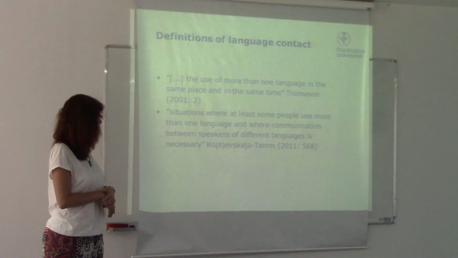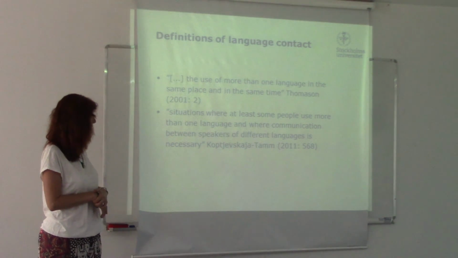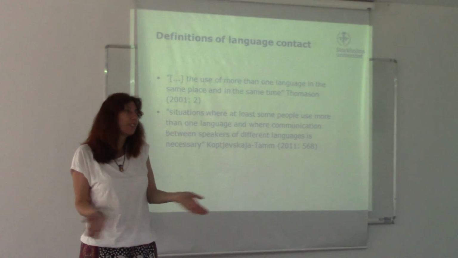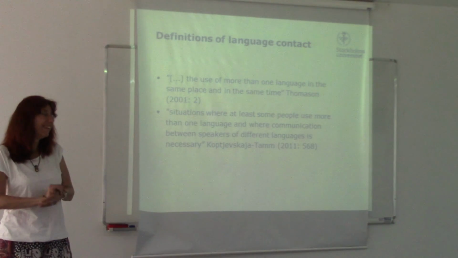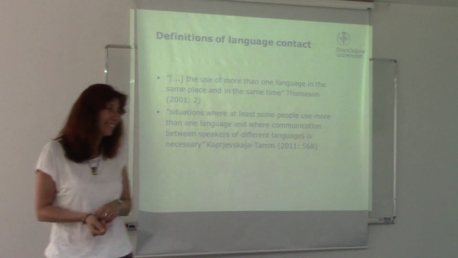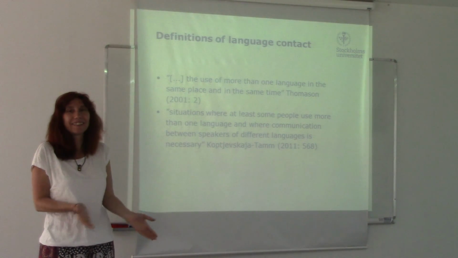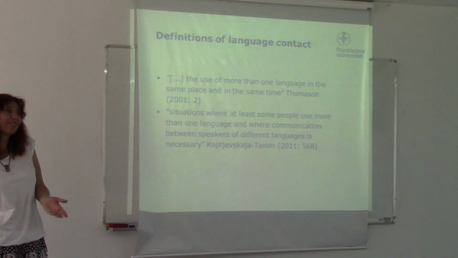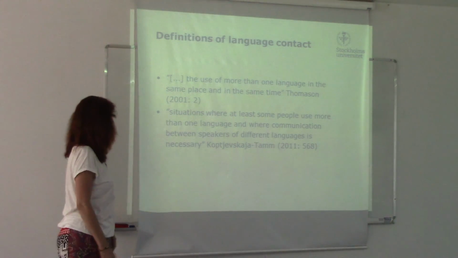She defines contact as the use of more than one language in the same place and at the same time, which applies to pretty much anything. You use more than one language nowadays every day, and even before. Nowadays it's like Turkish and English, but 30 years ago it was probably Turkish and German or something else.